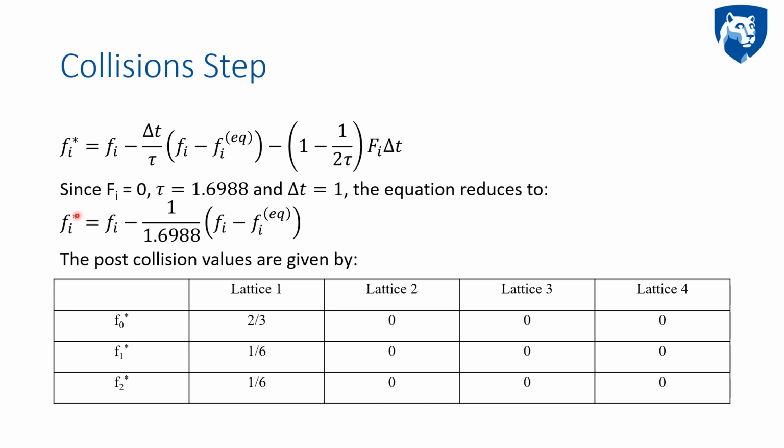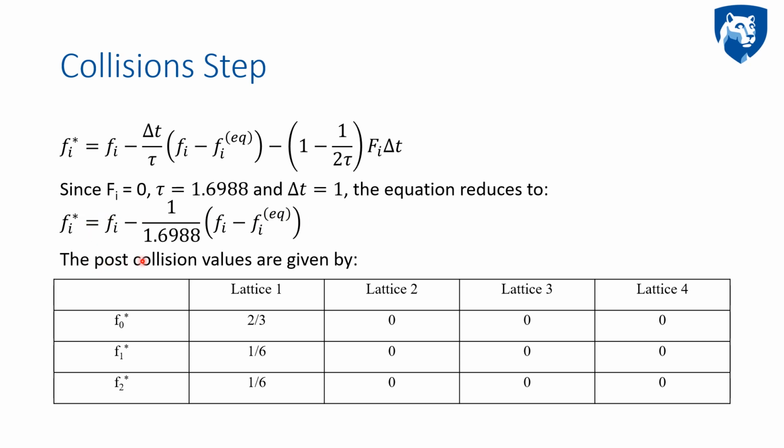And the next one is the collision substep, which is represented by this formula. So from this formula we would get the updated value of the distribution function. We would call it f prime, and since fi equals 0, then we could just cross out this part of the equation, so that would give us this formula.